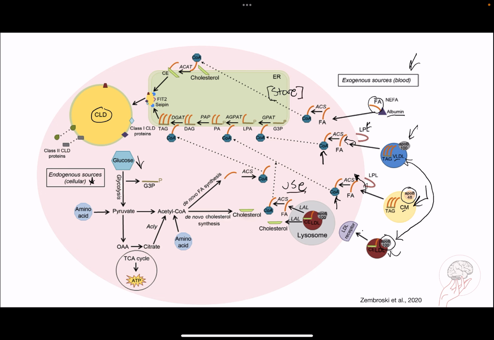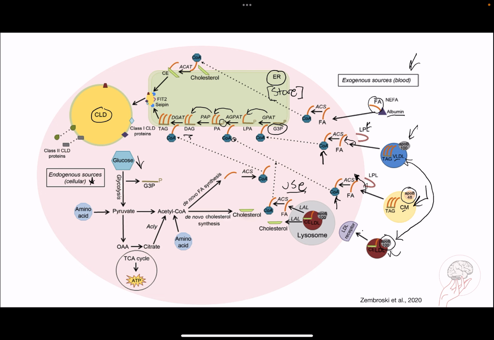So if we're going to store it, you'll notice it goes back to the endoplasmic reticulum, and it goes through the exact same process. We're going to attach it to G3P. So we're going to take that free fatty acid and put it on to G3P. So now we have a phosphorylated, essentially monoglycerol. We're going to take a second fatty acid and put that on, still phosphorylated, so then we're going to remove the phosphate group and we have a diacylglycerol.